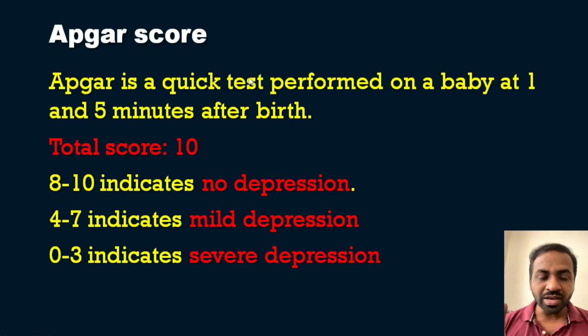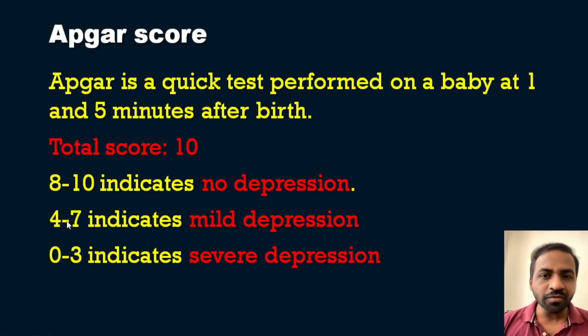This will indicate how the baby is adapting to the external environment, and how the well-being of the baby can be scored with the help of this Apgar score. As I told, each of the 5 parameters has a maximum of 2, so the total score is 10. If it is between 8 and 10, it indicates no depression; the baby is well adapted to the external environment.